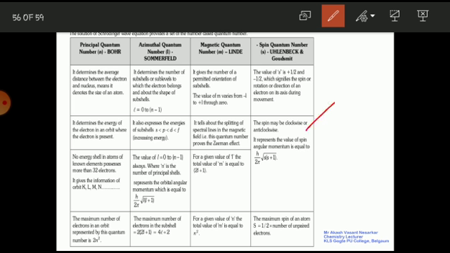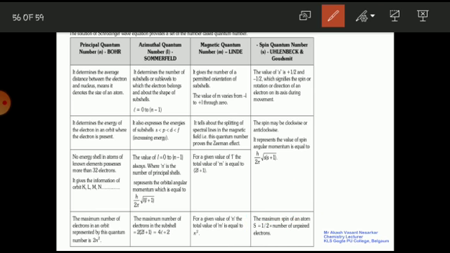It represents the spin angular momentum, which is equal to h upon 2 pi times the square root of s into s plus 1, and the maximum spin of an atom is S equal to half into the number of unpaired electrons. So we can calculate the maximum spin of an atom by using this formula.